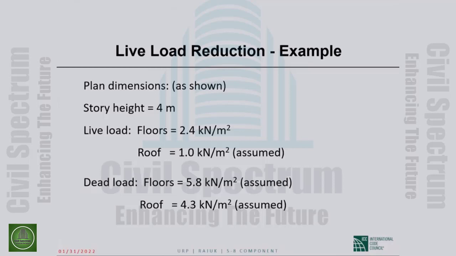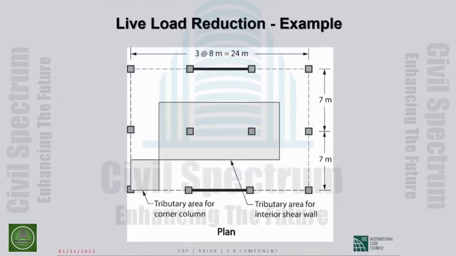Dead load on the floors 5.8 kilonewton per square meter, roof 4.3 kilonewton per square meter. I don't know that we'll need the dead load. Okay, the plan shows the spans in one direction 7 meters, in the other direction 8 meters. We have shear walls on the two faces, otherwise these are columns.